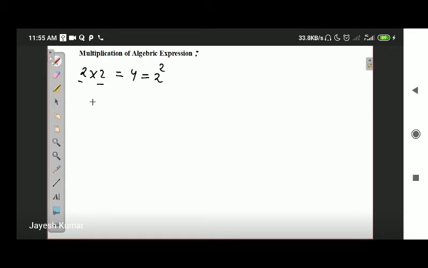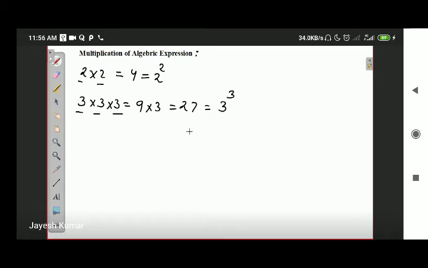Let's see 3. If I am multiplying 3 into 3 into 3, 3 3s are 9, into 3, that is 27. Or in the exponent form I can write it as 3 to the power 3, because there were 3 3's.